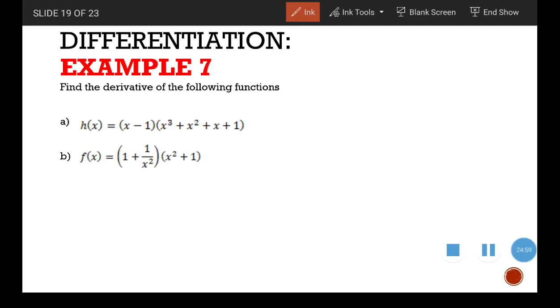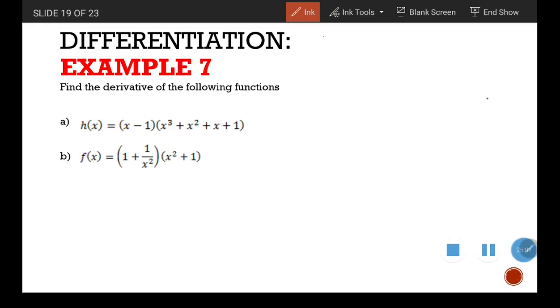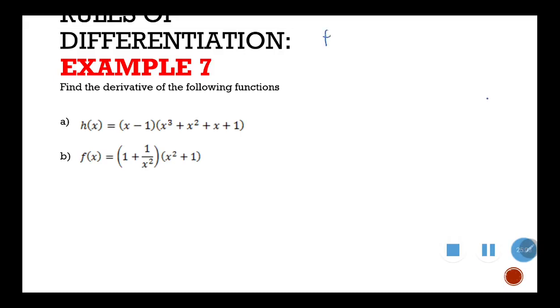Now this is D, so this should be E. E, y is 2 third x minus 1 times 4x plus 1 to the power of minus 1.